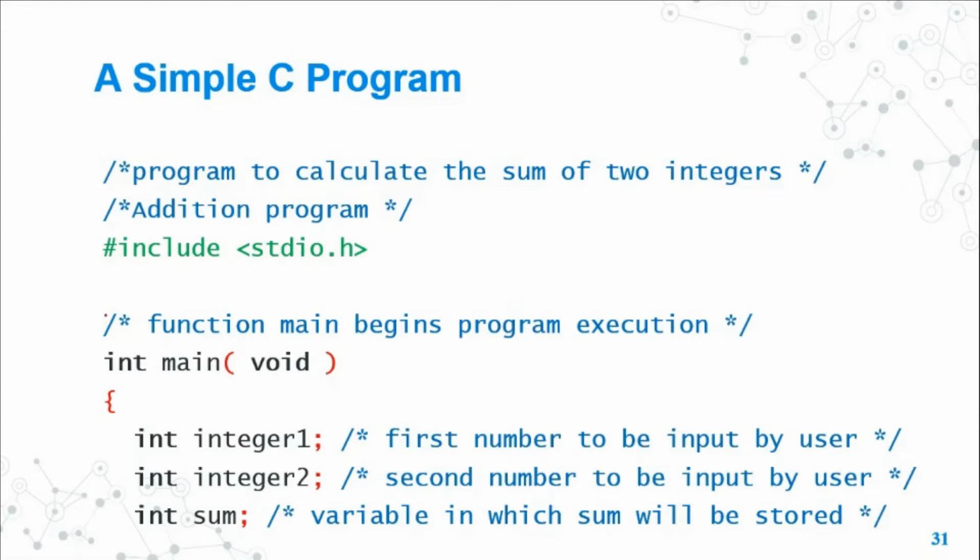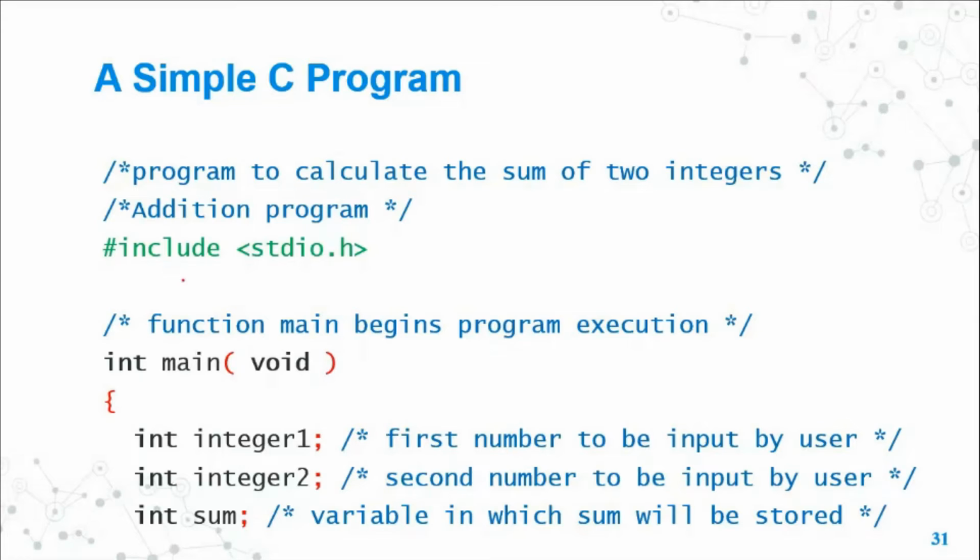Then a blank line. Obviously, in C programming, you can leave as many blank lines as you desire, which is good for reading your program. Unless the blank spaces are in double quotes, they won't be counted.